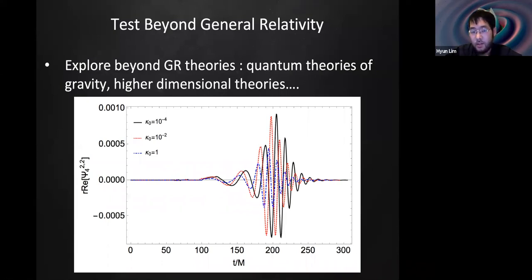When we mix classical general relativity with quantum theory, some unexpected situations happen, such as the information paradox, etc. And that's the reason theorists explore theories beyond general relativity, like quantum theories of gravity, possibly string theories, loop quantum gravity, etc. And also, what if we impose higher dimensions, more than 4, etc.